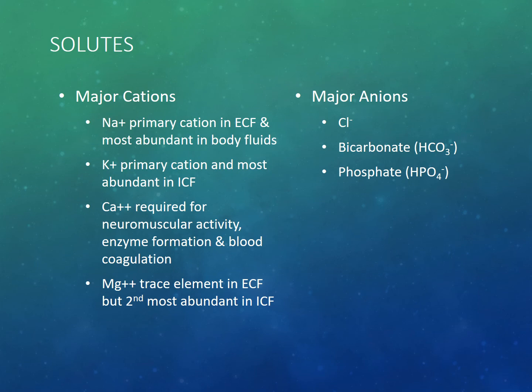Then you've got calcium. Calcium is required for neuromuscular activity, or I should say appropriate, coordinated neuromuscular activity. It's also required for enzyme formation, and the one everybody always forgets is blood coagulation. Okay, you just had hematology not long ago, and in heme you learned that there were 2 different places in the clotting cascade where calcium was a necessary component.